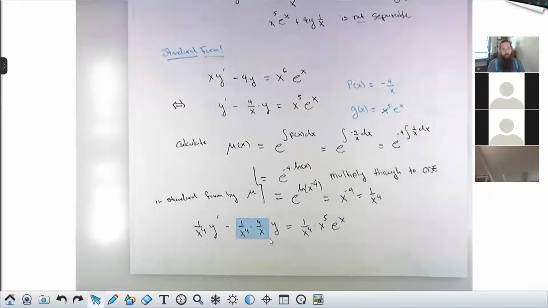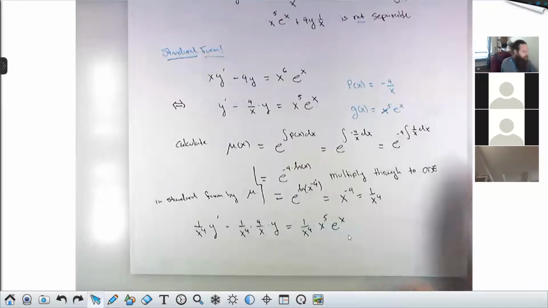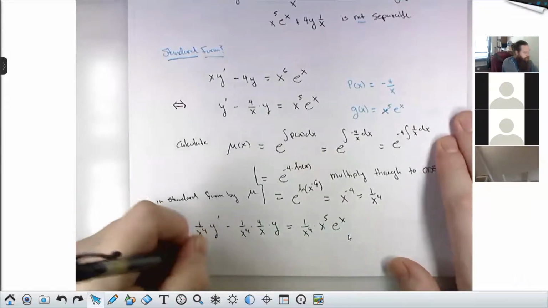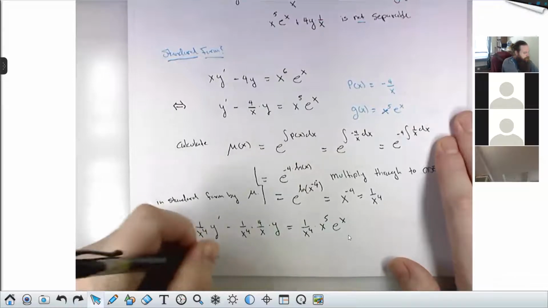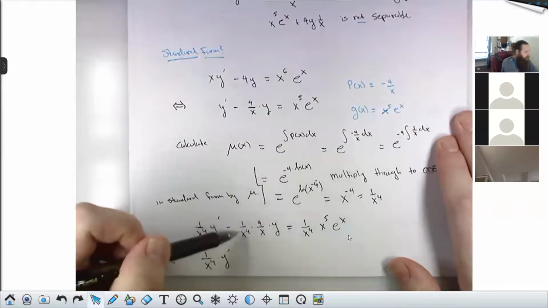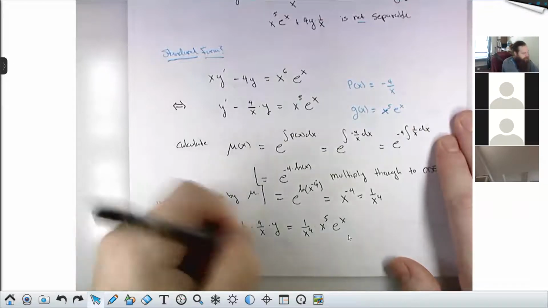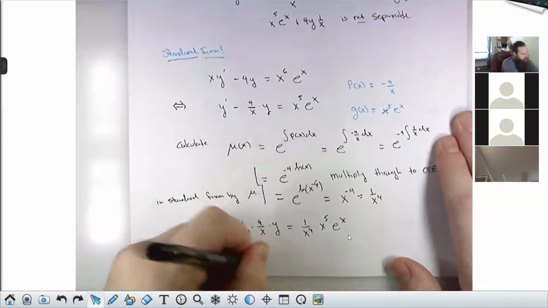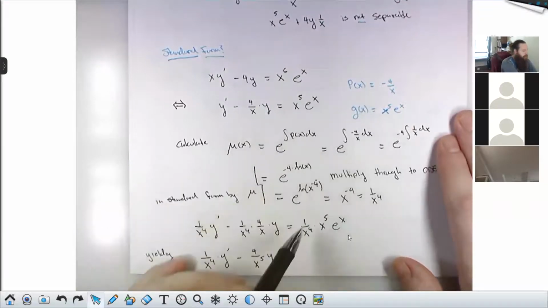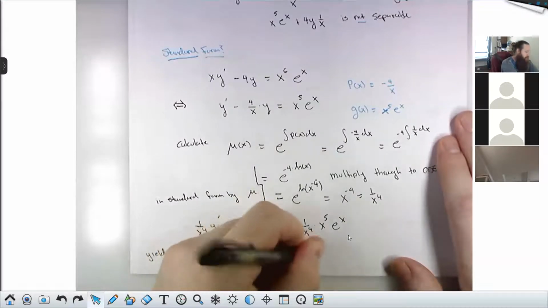And we can combine terms here. Building 1 over x to the 4 times y prime minus 4 over x to the 5 times y equals 1 over x to the 4 times x to the 5, which is just x, times e to the x.